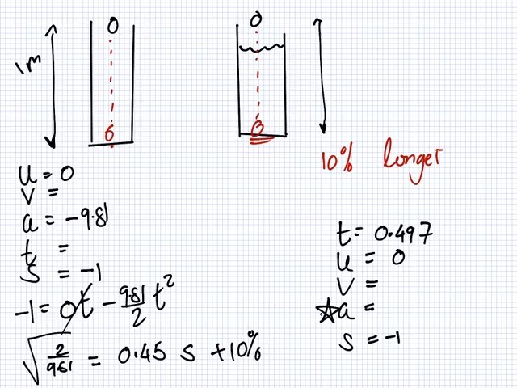V equals U. You have the T, you have the U. S equals U T plus a half a t squared.